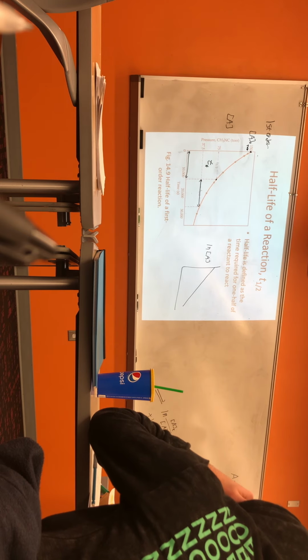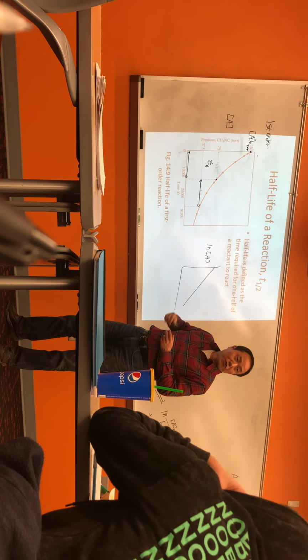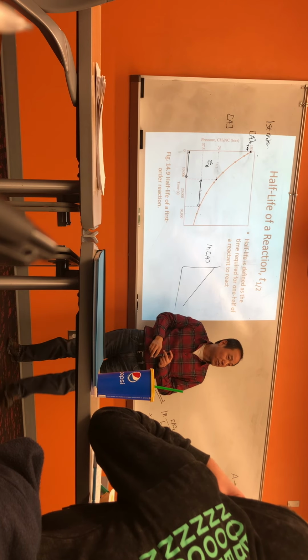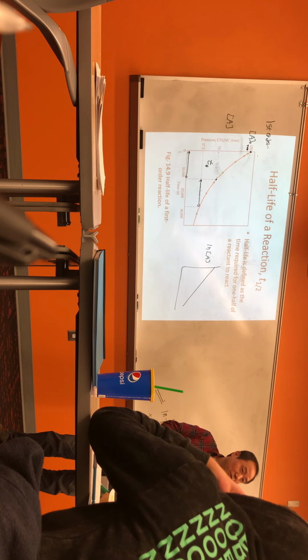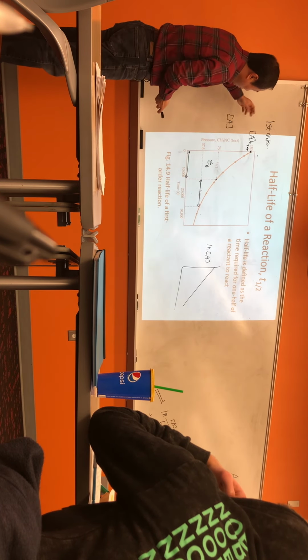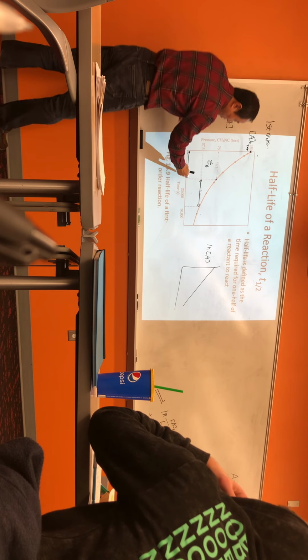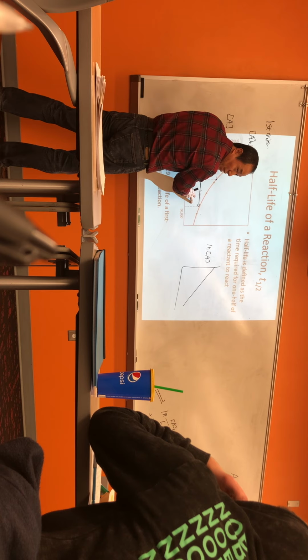This is only true for first order. If you have a zero order or second order reaction, half-life doesn't stay the same. For first order, the half-life in the first interval and the half-life of the second interval will be the same.